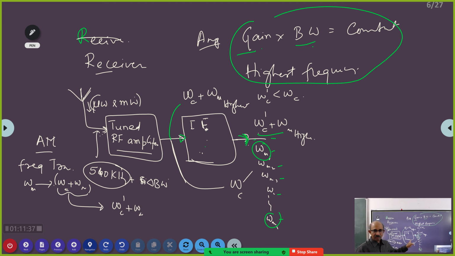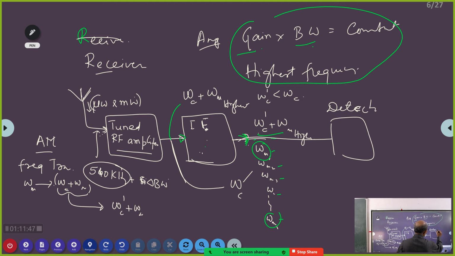Understood? I have explained this intermediate frequency. Then after this stage you have what is called the detector. Detector means this is basically going to detect the message signal in the composite signal.